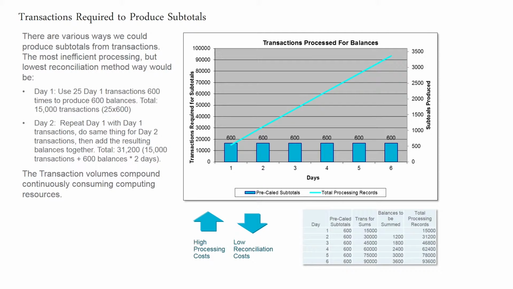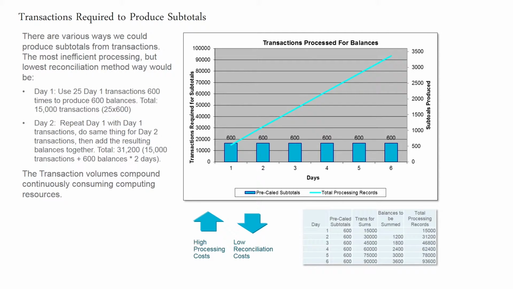When the second day rolls along, we could take yesterday's 600 transactions and today's 600 transactions, and we could make all of the balances that are needed for today. They would show the accumulated year-to-date balances that are required for the organization. Day 3 rolls along, we could do the same thing again. Take 600 transactions from the first day, 600 from the second day, 600 from the third day, and make all the balances that are needed to understand what has happened in our organization since the beginning of time. You can see how the measurement happens here over time.